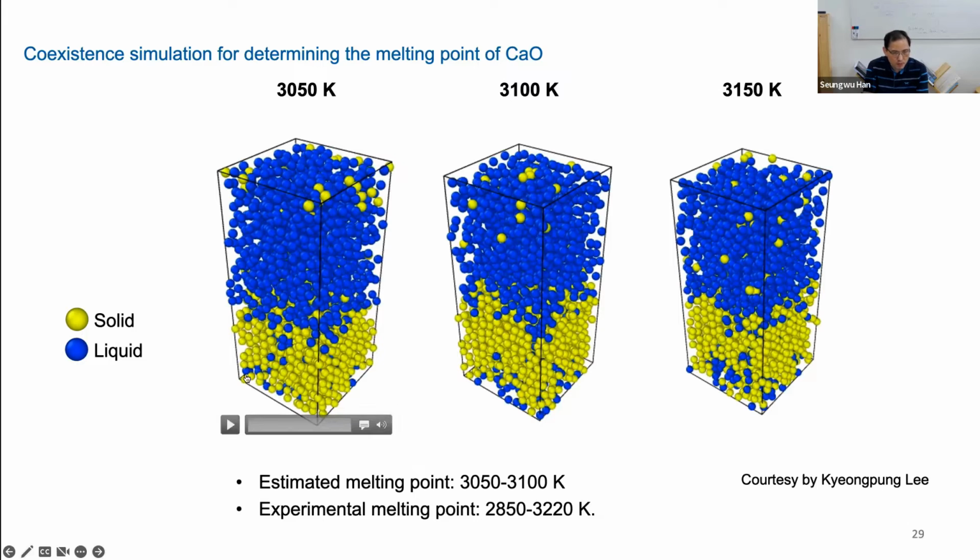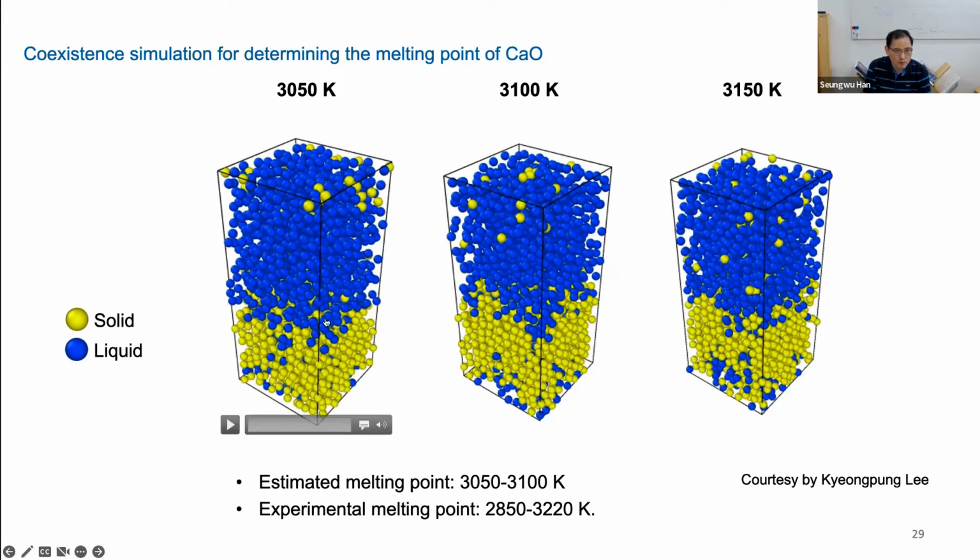And within the simulation box, you can make the interface between the solid and the liquid. Okay, and if at a given temperature the free energy of the solid is lower than liquid, then the solid region will take up the liquid part, because it is condensed at the solid state phase.